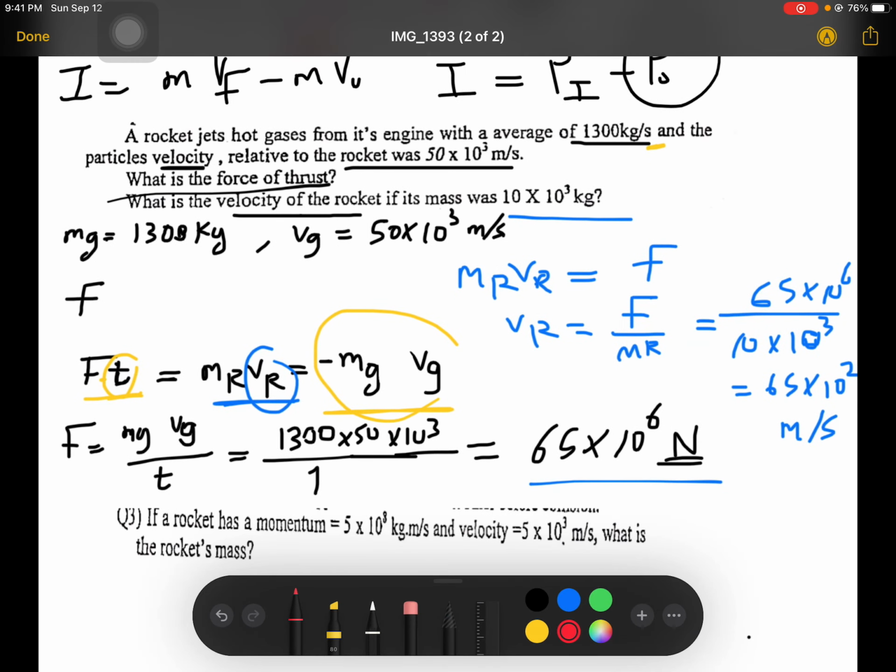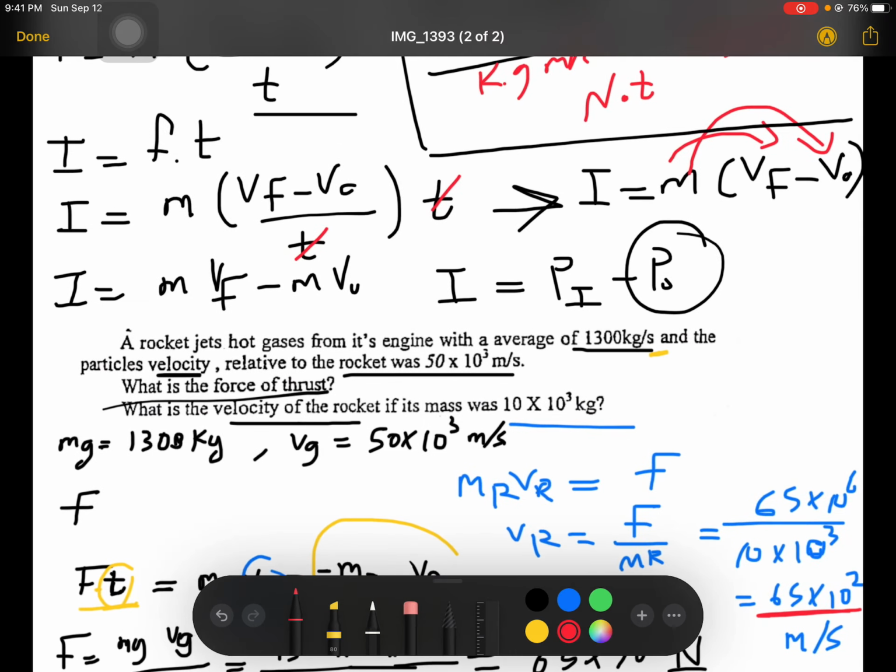The next question is very easy, I will leave it for you. Here is a good note: the velocity of the rocket you find is always smaller than the velocity of the gases.